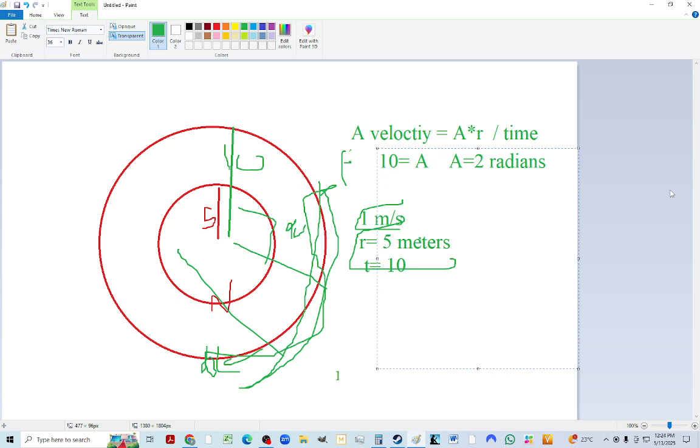I know the full circumference is 2 times pi times the radius, which is 5. So 10 pi. I know that 10 times pi is 31.415. I also know that I only went 2. 2 divided by 31.415 times 100 will give me my percentage.